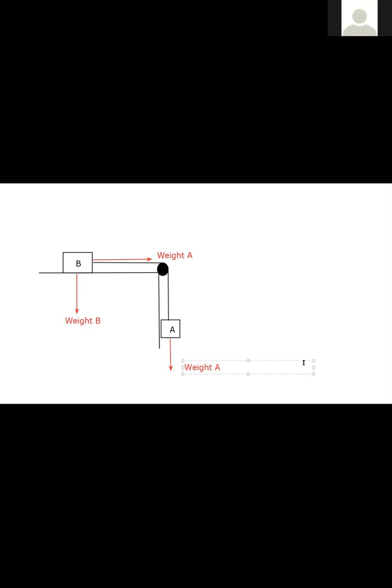Now if we give masses to them, we'll say the mass of B is 20 kilograms and the mass of A is 12 kilograms. What's the acceleration of the system?